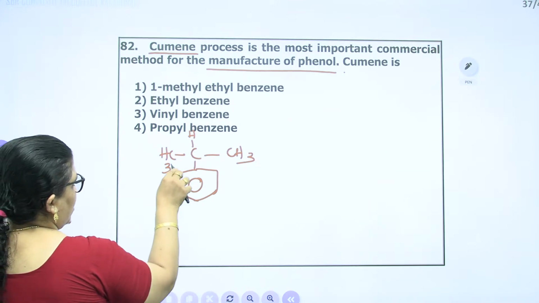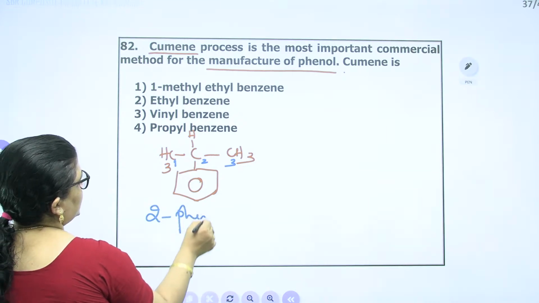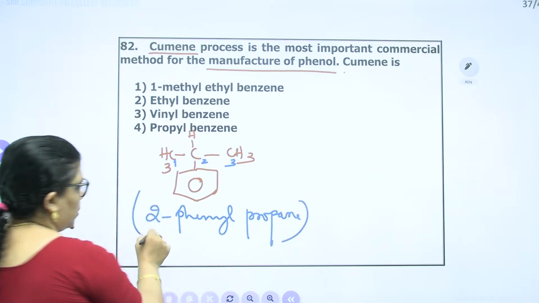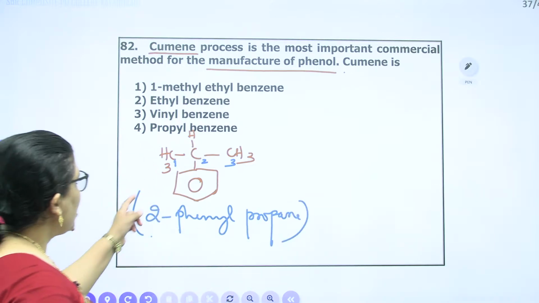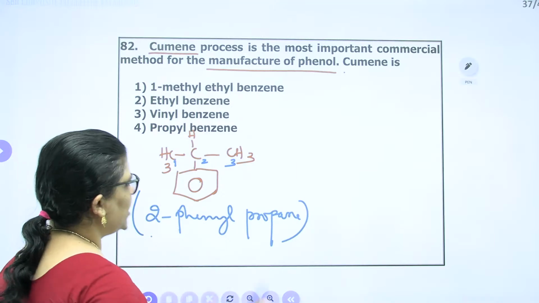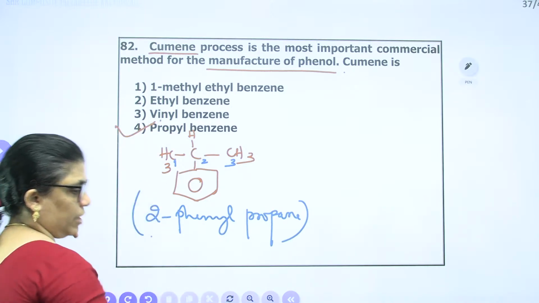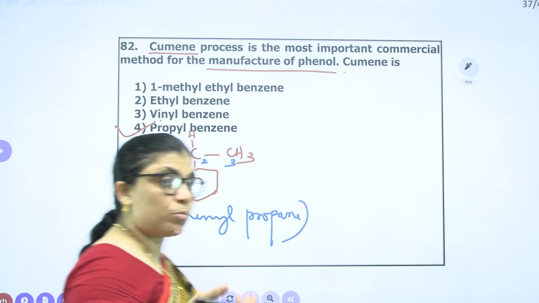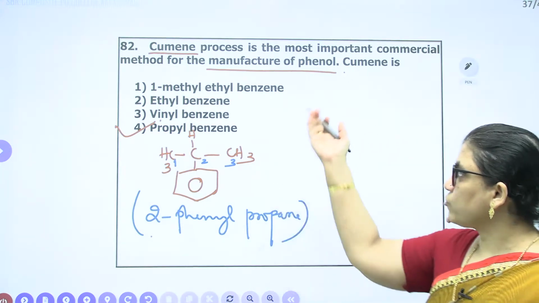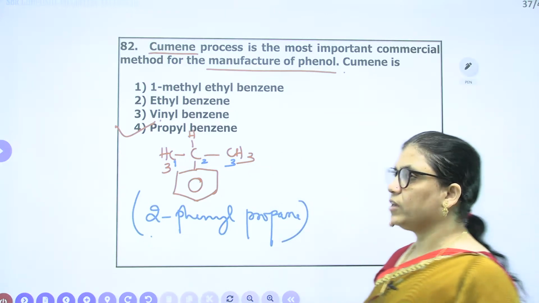It is isopropyl benzene. The IUPAC name is 2-phenyl propane. So when identifying the name, 1-methyl ethyl benzene is wrong, ethyl benzene is completely wrong, and vinyl benzene is also wrong. The answer is propyl benzene. Remember, the more specific name is isopropyl benzene, but we are deciding the answer based upon the 4 options given to us. That's why we write the answer as propyl benzene, the 4th option.